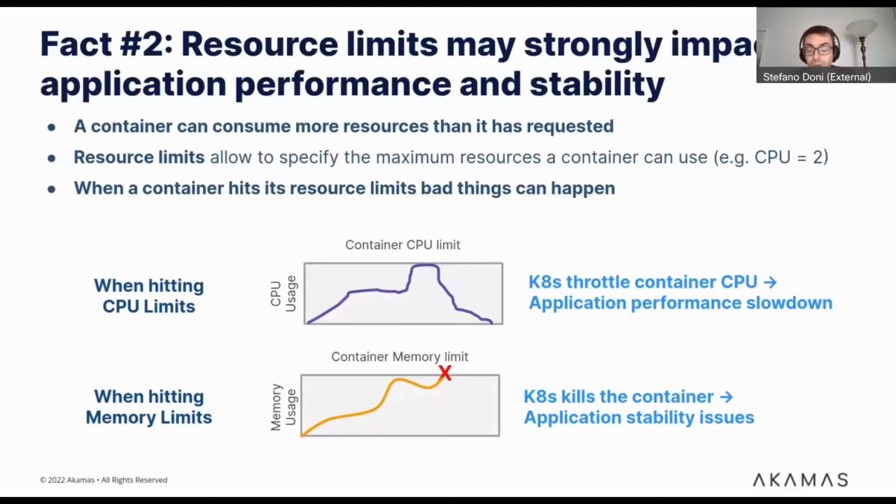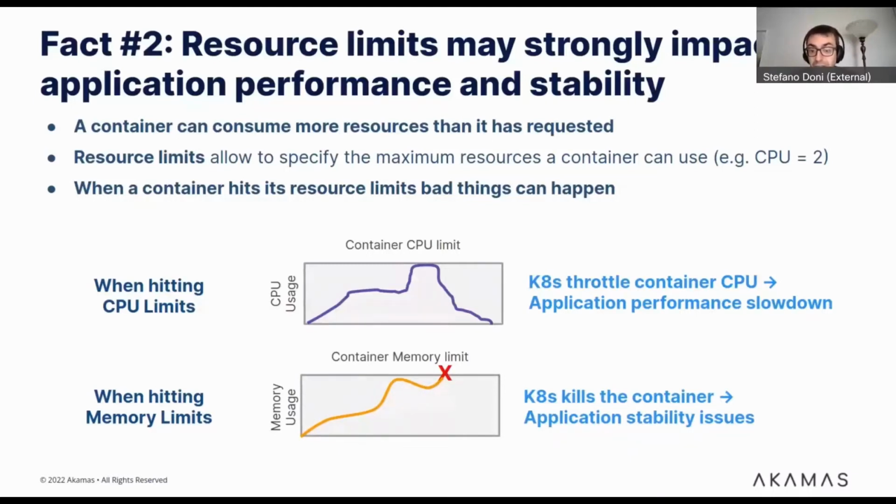And if a container tries to go above the resource limits, bad things can happen. What happens is a function of the kind of resource being utilized. If we are talking about CPU, and a container tries to use more CPUs than the limit, Kubernetes starts to throttle the container CPU.